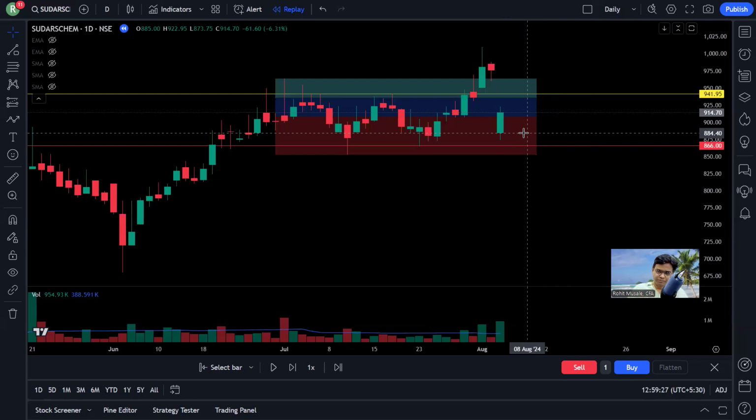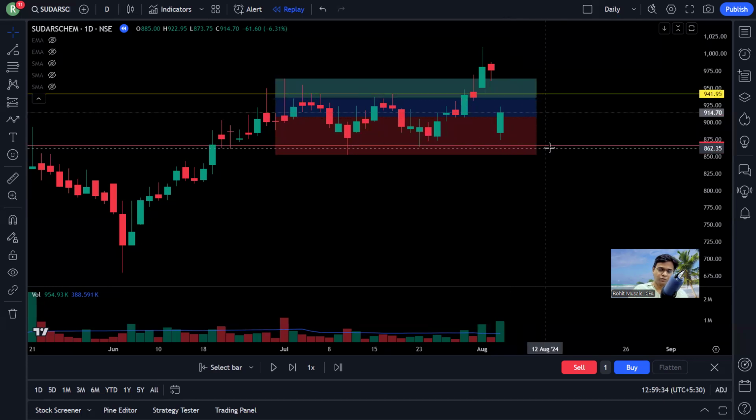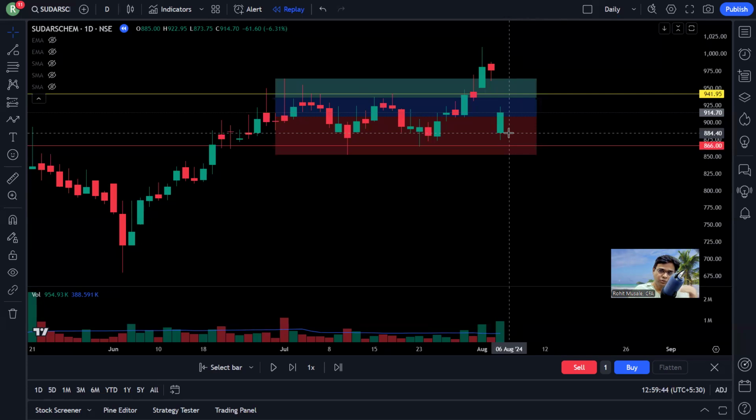Since I had placed my stop loss at a sufficient distance, which is 8%, I could hold on to the stock. The red line is the ultimate line. If it touches the red line, I'm automatically out of the stock. But in this case, it did not touch that red line. It's very important.